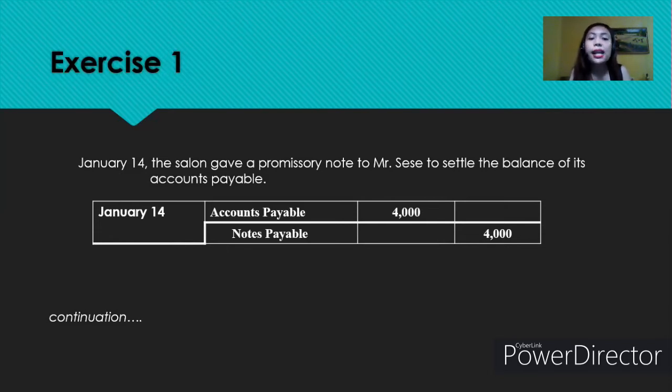Remember guys, notes payable is part of the liabilities. And since you issue a promissory note, definitely you're going to increase that account worth 4,000. But because you want to lessen the accounts payable, you have to debit accounts payable worth 4,000 pesos.